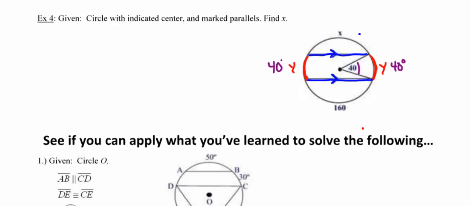So this piece has to be 40. And now I can write a little equation that says x plus 40 plus 160 plus 40, all of those arcs together have to be 360 degrees. So therefore, the value of x has to be 120.